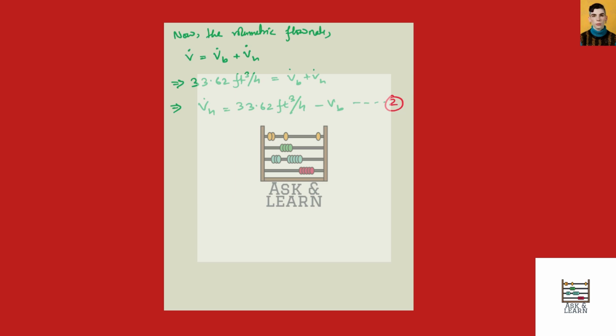Now we can substitute equation 2 in equation 1. And what we get is, now we need to solve this equation for the value of Vb, which is the volumetric feed rate of benzene.